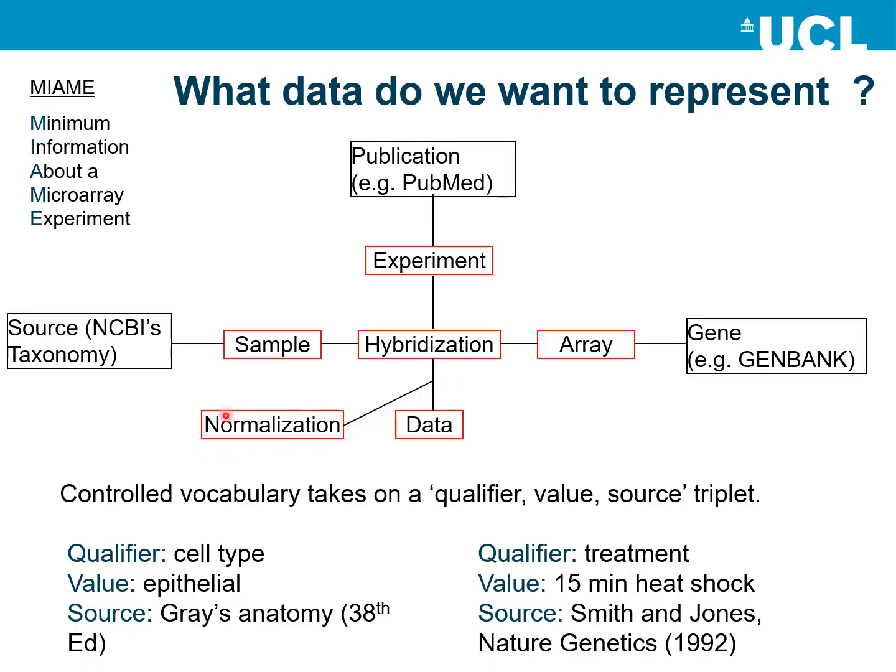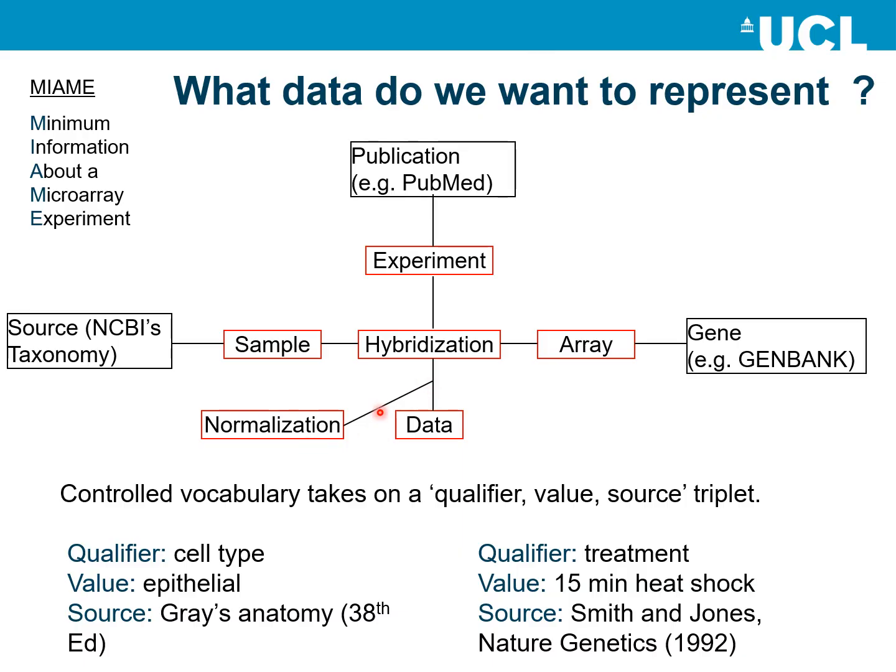So this is the detail of the processing which was applied to the raw microarray data to get final microarray data. The normalization might be median normalization as we've discussed, or it might be lowess normalization.